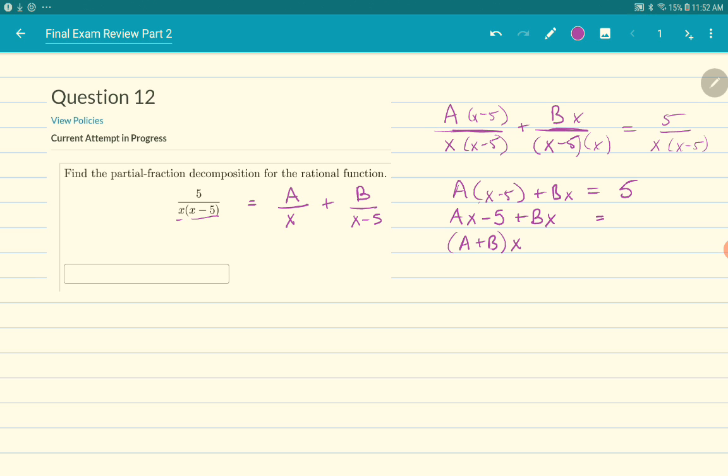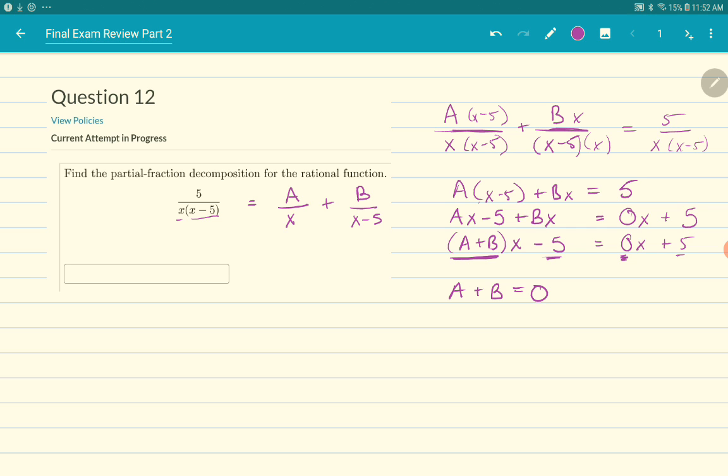I don't know what they are, so for right now I'm just going to do it like that. And then I still have that minus 5. The reason I did that is because I can rewrite this 5 in terms of a polynomial where I have no x term and my constant is 5. So this piece equals the coefficient of x and this piece is the constant. So that tells me that a plus b must equal 0.